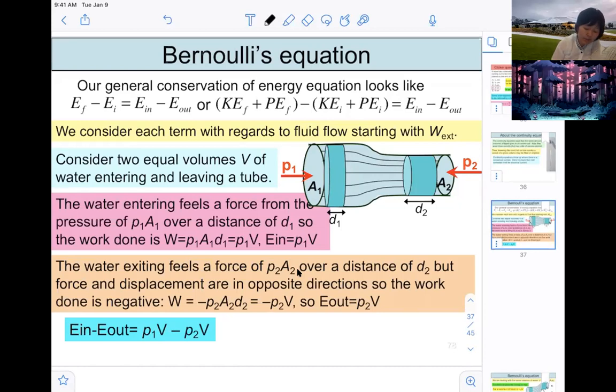This force, F2, is P2 A2. It is pushing to the left, but your liquid is exiting, flowing to the right. So the work done by force 2 is actually negative, because force and distance are not in the same direction.